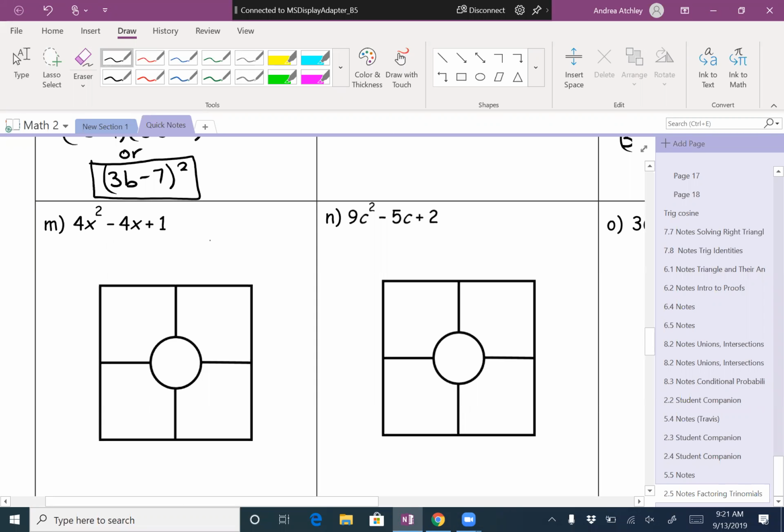That is correct. Now, did anyone get N? Right, nobody could figure out N. We tried lots of different arrangements and nothing got it.